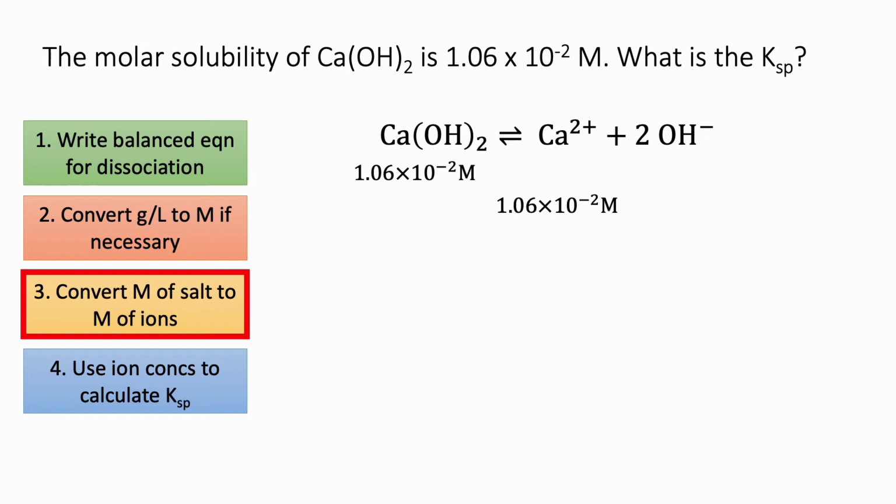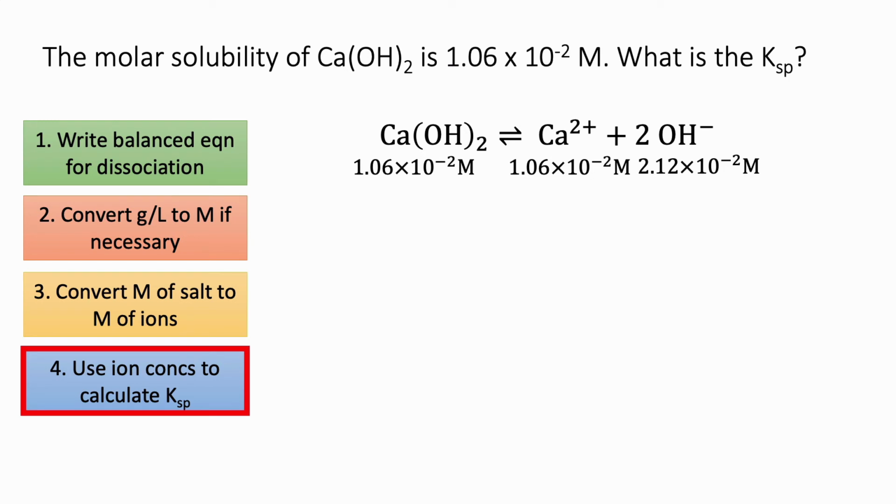So we're going to have the same number of moles of calcium 2 plus. And for every mole of calcium hydroxide that dissociates, we get 2 moles of hydroxide. So our molarity of hydroxide is going to be twice that, which is 2.12 times 10 to the minus 2 molar.